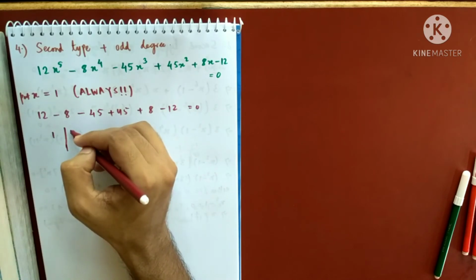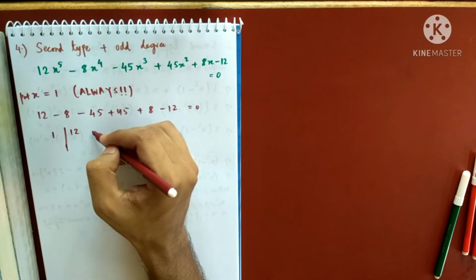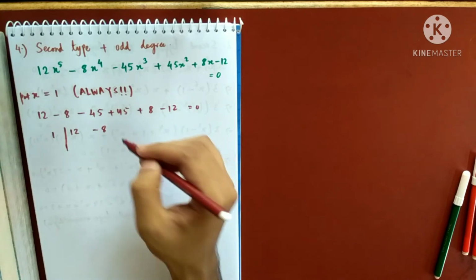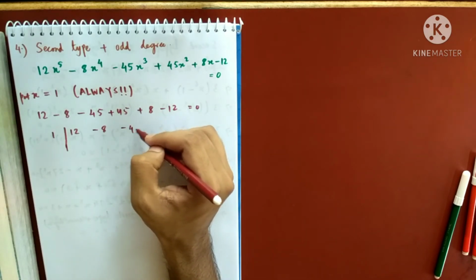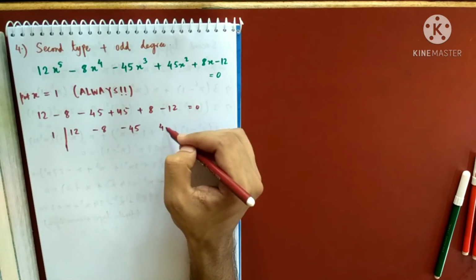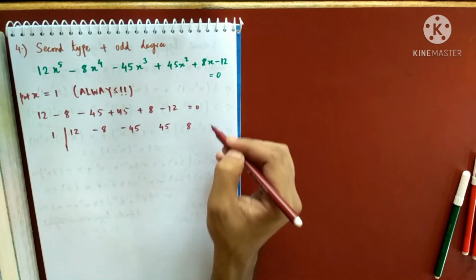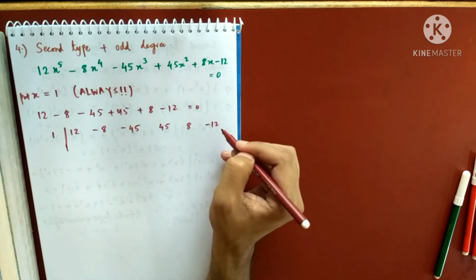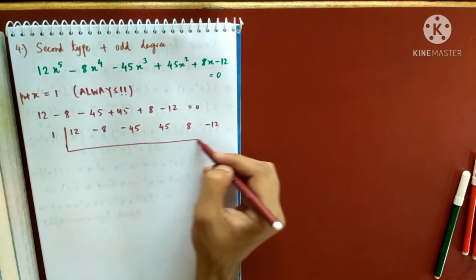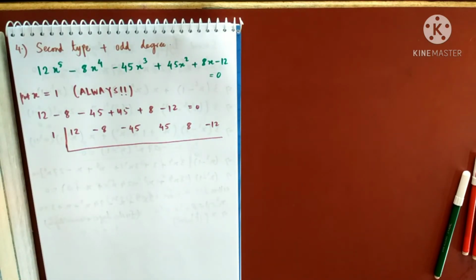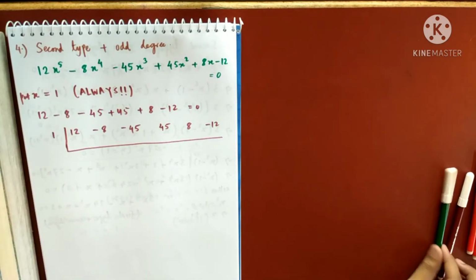So I will use synthetic division to divide, the coefficients being 12, minus 8, minus 45, 45, 8 and minus 12. Let's divide using 1.